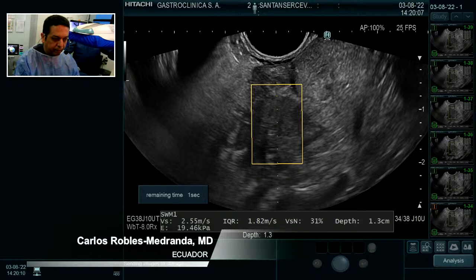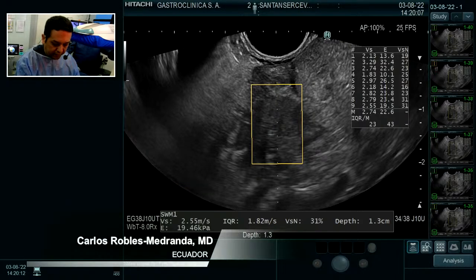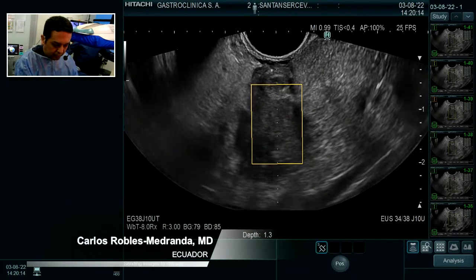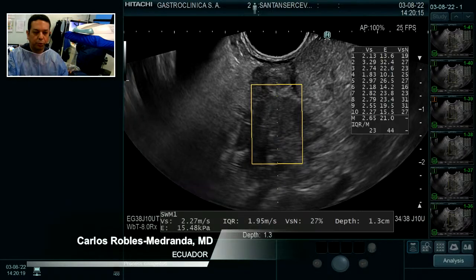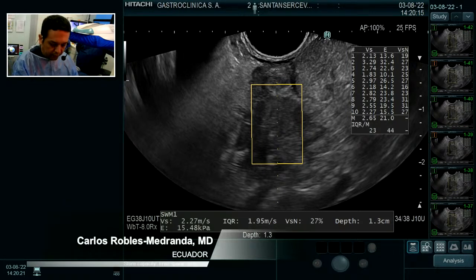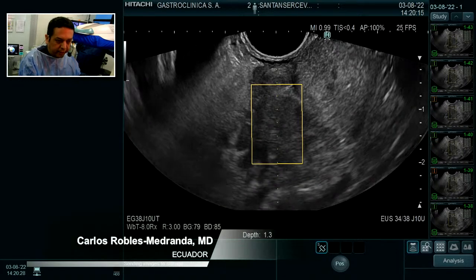We have 9 measures here. And now I will do the last one, and you see it's just pushing a button, okay? So the elasticity is 21, a hard tissue, so it means this is really hard tissue.